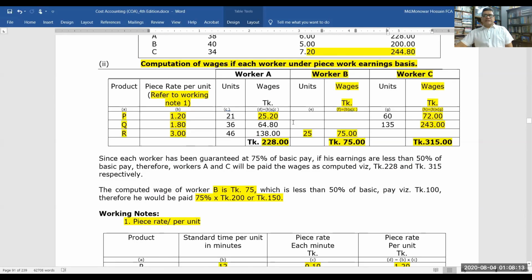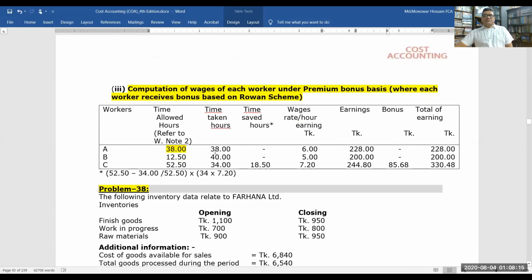Okay, so this figure is put here, and time saved, so there is no saving here, only C. Allowed 52.50 hours but time taken 34, so C's time saved is 18.50 hours. So wage rate for A is 6, B is 5 and C is 7.2.